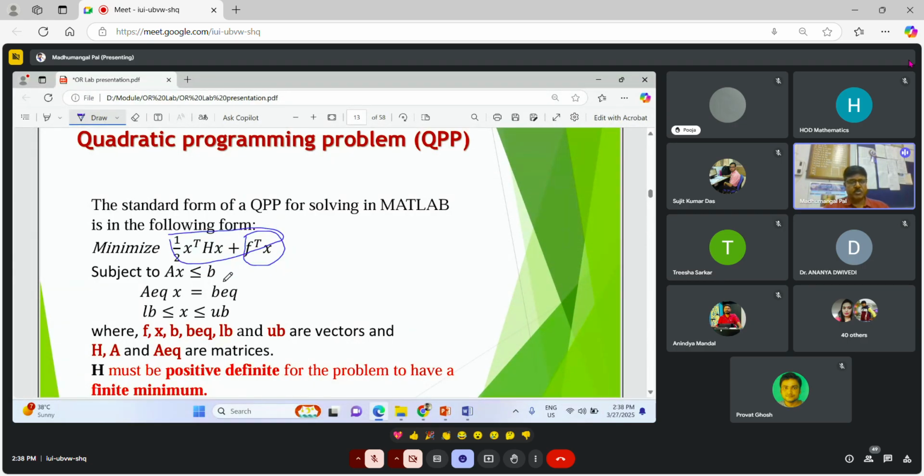And Ax less than or equal to b means all the constraints are converted to less than or equal to type, and some constraints may be equality constraints, and the variables may have lower bounds and upper bounds. Another condition is that the matrix H is positive definite for the problem to have a finite minimum. This is a sufficient condition to get a finite minimum value.